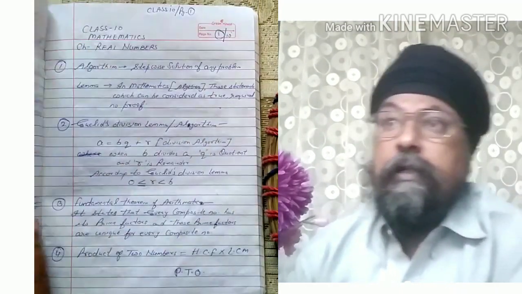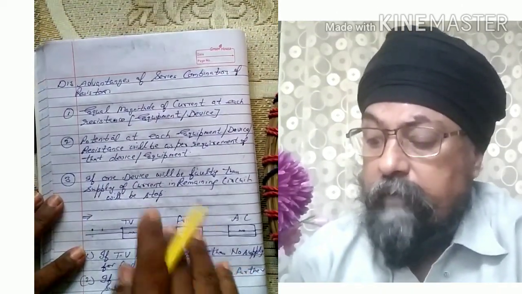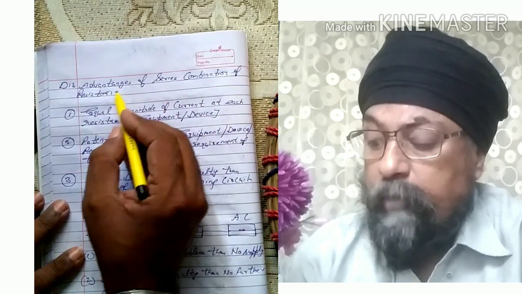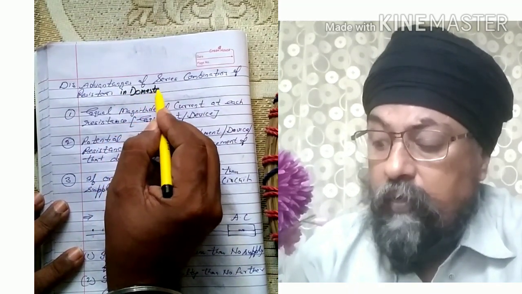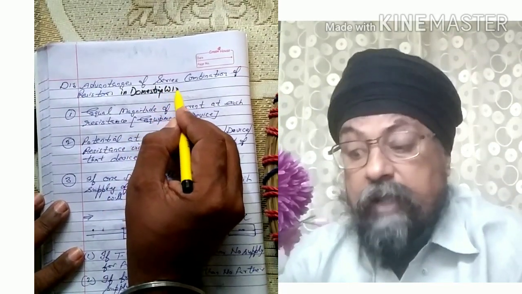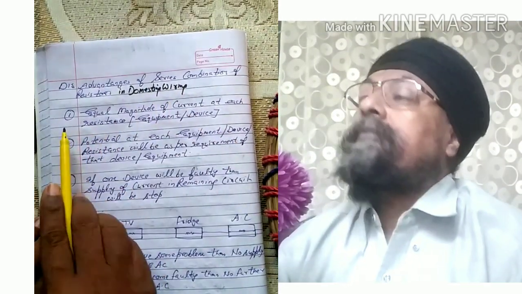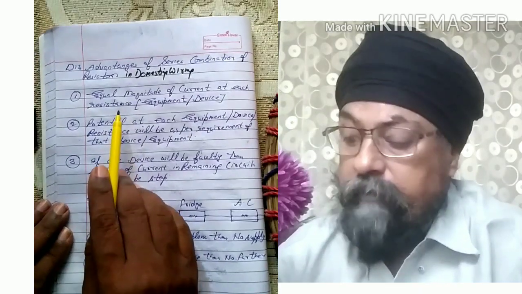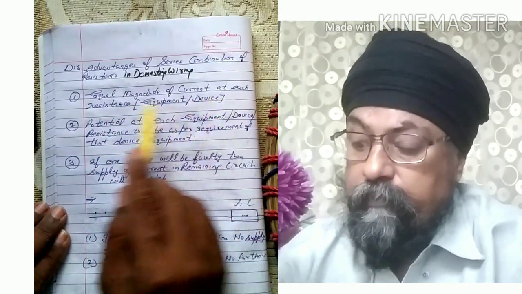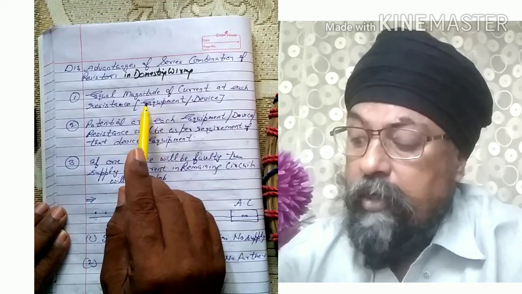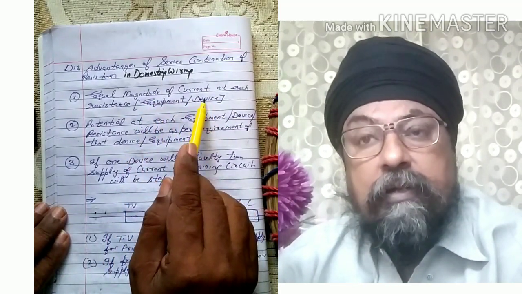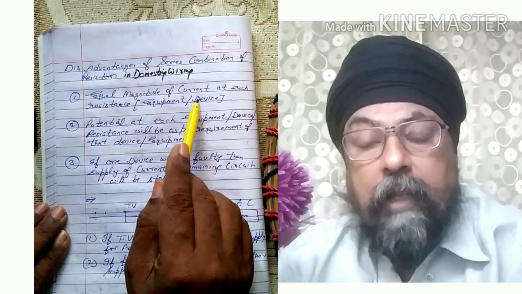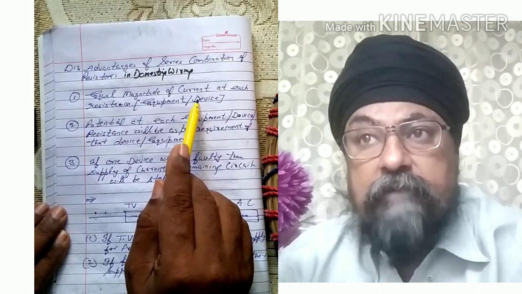Now, what are the disadvantages of a series combination of resistors in domestic wiring? The first disadvantage is the equal magnitude of current at each piece of equipment or device, because equipment like a mixer, AC, TV and fridge each have some resistance.